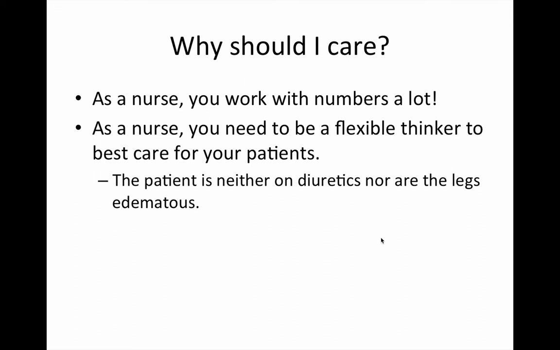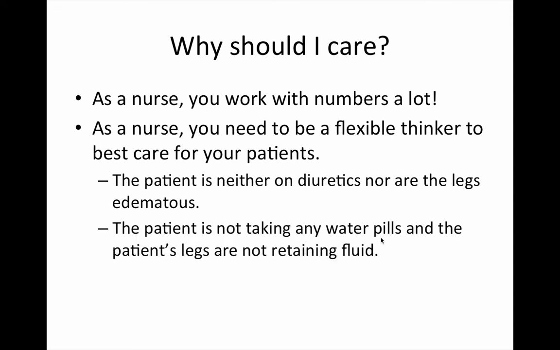In addition, you can assert a logically equivalent sentence. Let's take a look. We have neither nor, and that becomes not this and not that. In addition, you've reformulated diuretics with water pills, and you've reformulated edematous with legs are full of or retaining fluid.